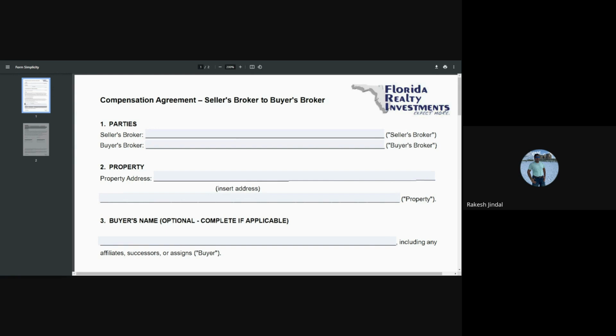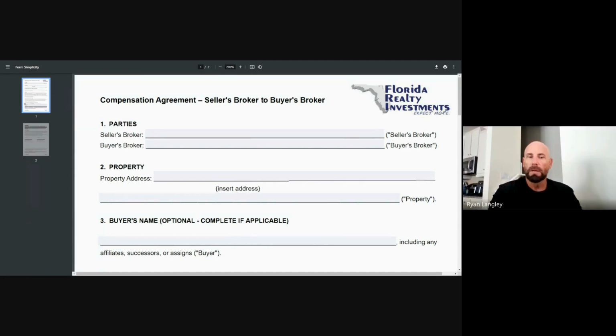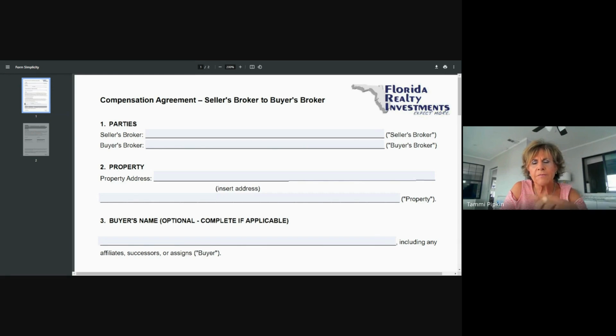Gotcha. Thank you. Yes, Anne. How can I download this to my DotLoop and be able to autofill instead of me typing in this form? If you autofill it, just autofill it here and then upload it into DotLoop, and then just add your signatures and initials.